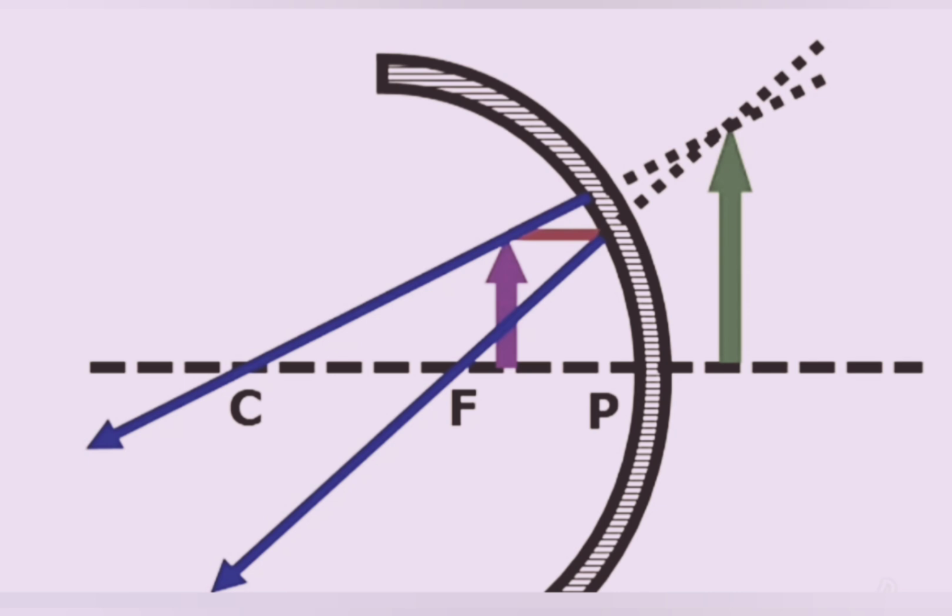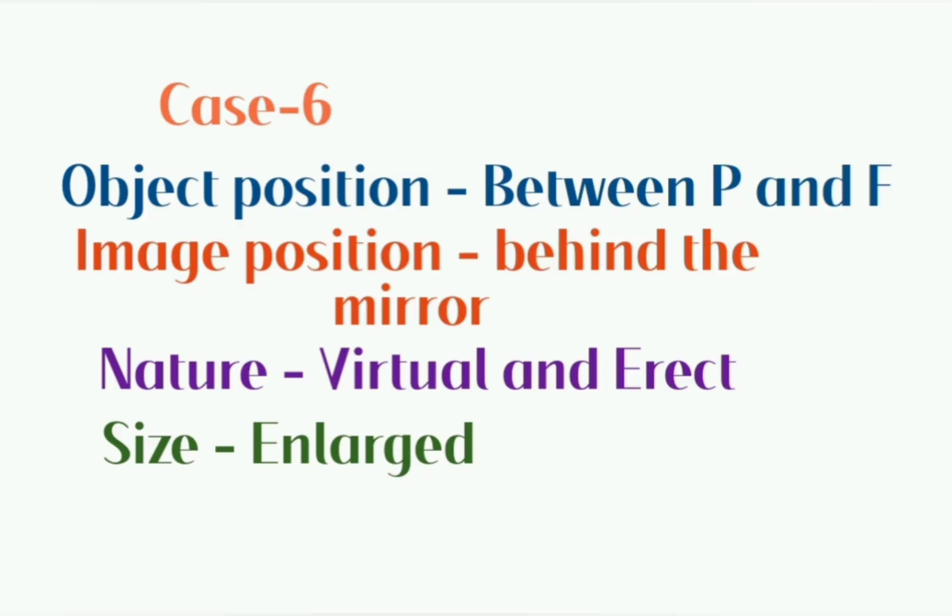The image is formed behind the mirror. The nature of the image is virtual and erect, and the size of the image is enlarged. So this is our final ray diagram. I hope you understand ray diagrams from the first case to the fifth case.